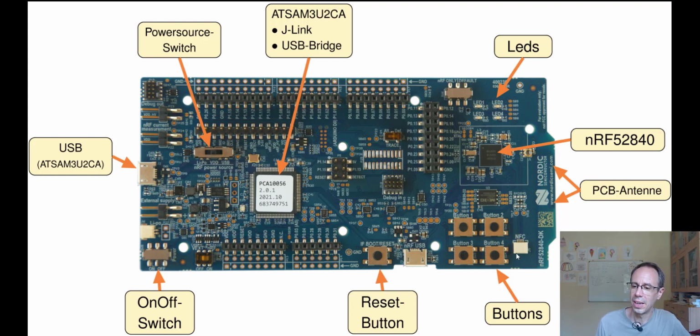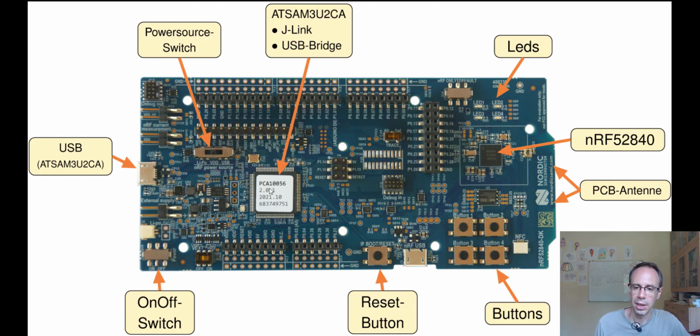We are using the nRF52840-DK. Here on the side you're seeing the name. There's a chip here, the nRF52840, and we have here another microcontroller, an AT SAM3U2C, and there's a firmware on it which works as J-Link and USB bridge.